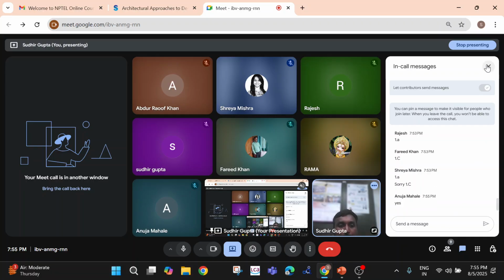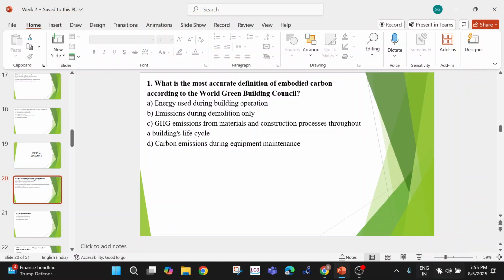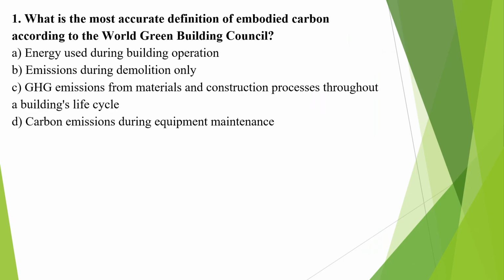Okay. So then here is the second question in front of you all. We have given the correct answer and understood it well. Second question. Is it visible?